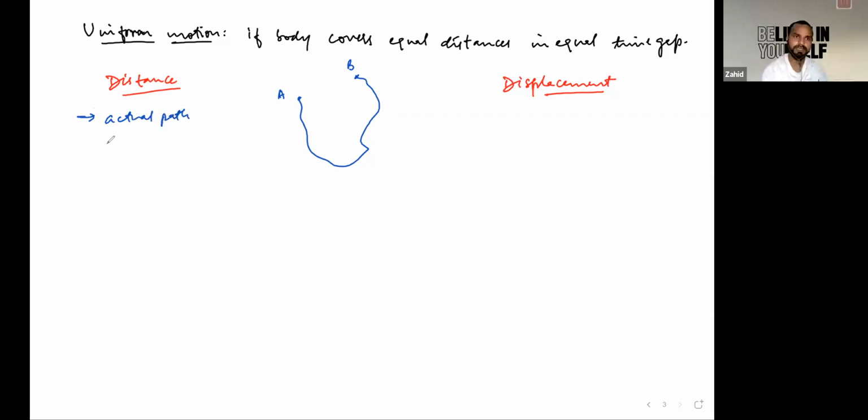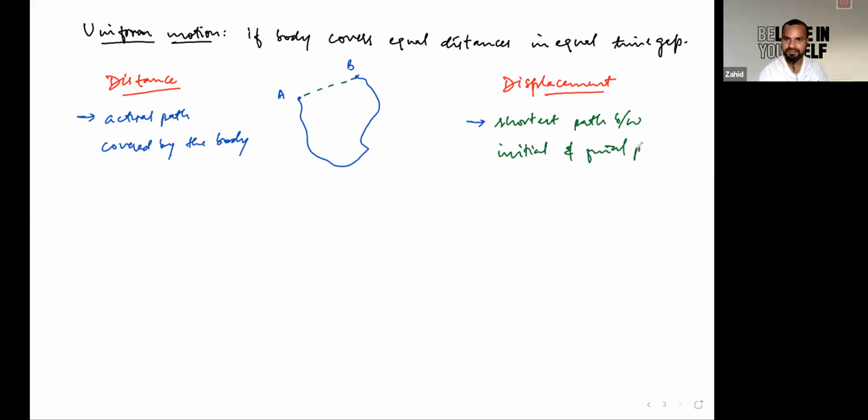And displacement is nothing but the shortest path between its initial and final point. So shortest path between initial and final point is called displacement.